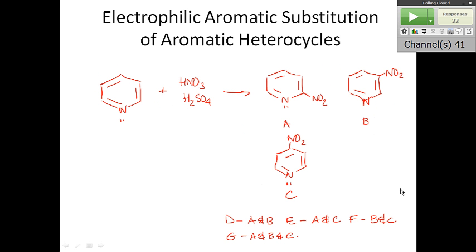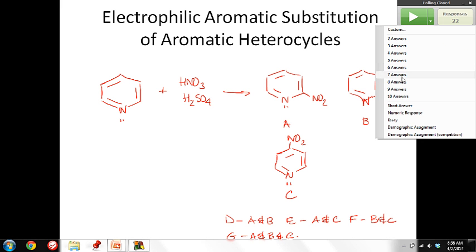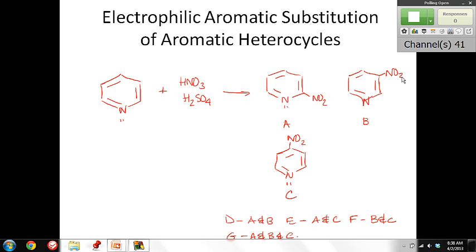Now, here's a new reaction that I didn't talk about. But take a minute. What would be the major product of this reaction? So now I'm going to nitrate the heterocycle. Where's the NO2 going to go? Is it going to go to A, to B, to form C, and then the other mixtures? Okay?